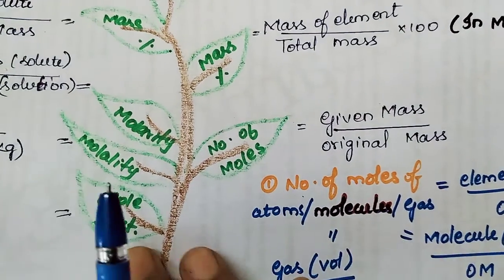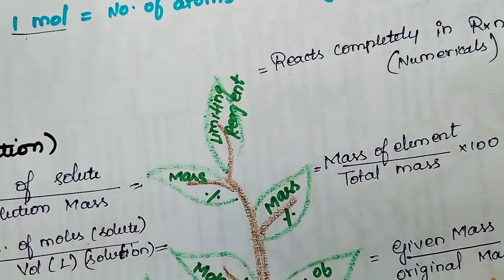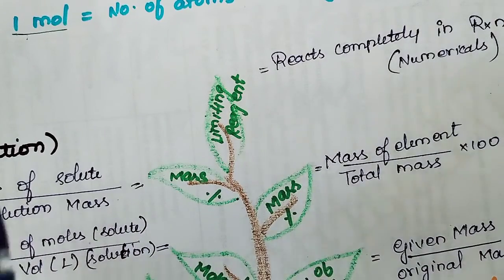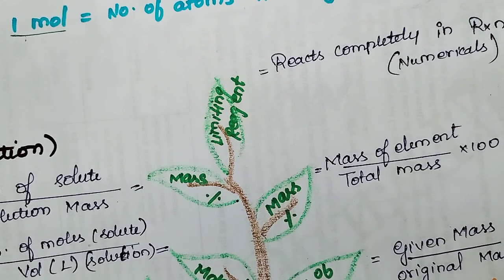Okay, before that, what is a mole number? If you take 1 mole of oxygen atoms, then 6.022 into 10 to the power of 23 atoms will be present. Next, 1 mole of ammonia molecules will also contain 6.022 into 10 to the power of 23 ammonia molecules.